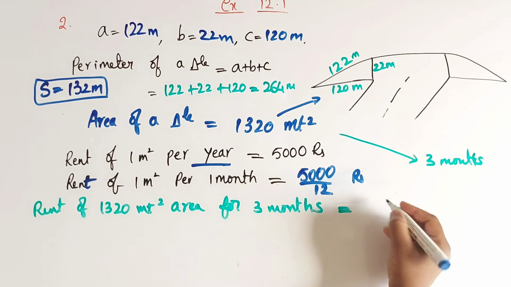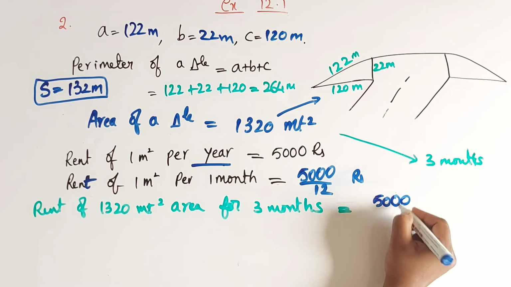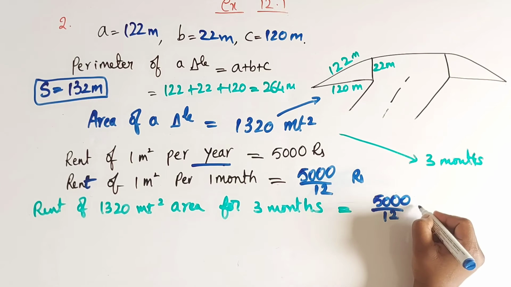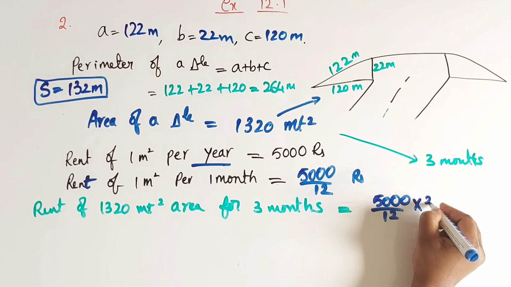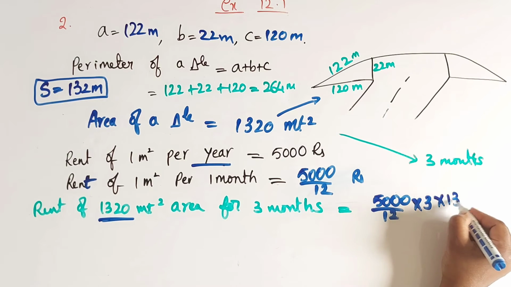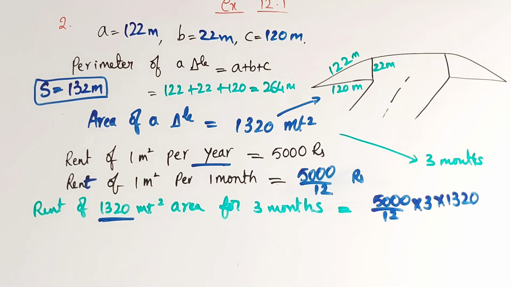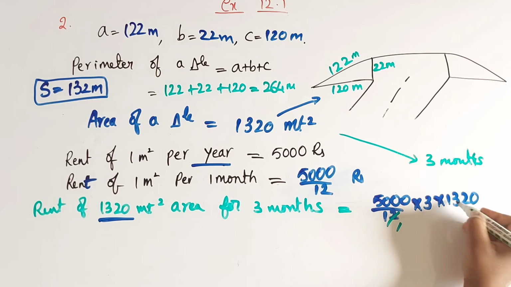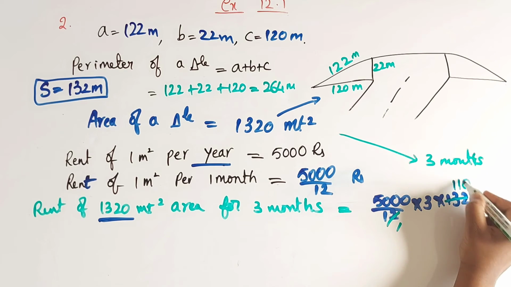So 1 month rent is 5000 divided by 12. So we want 3 months, that means into 3, for how much area? 1320 meters square. So into 1320 also, children. Now here 12 ones are 12, 12 11s are 132 and 0 is here.